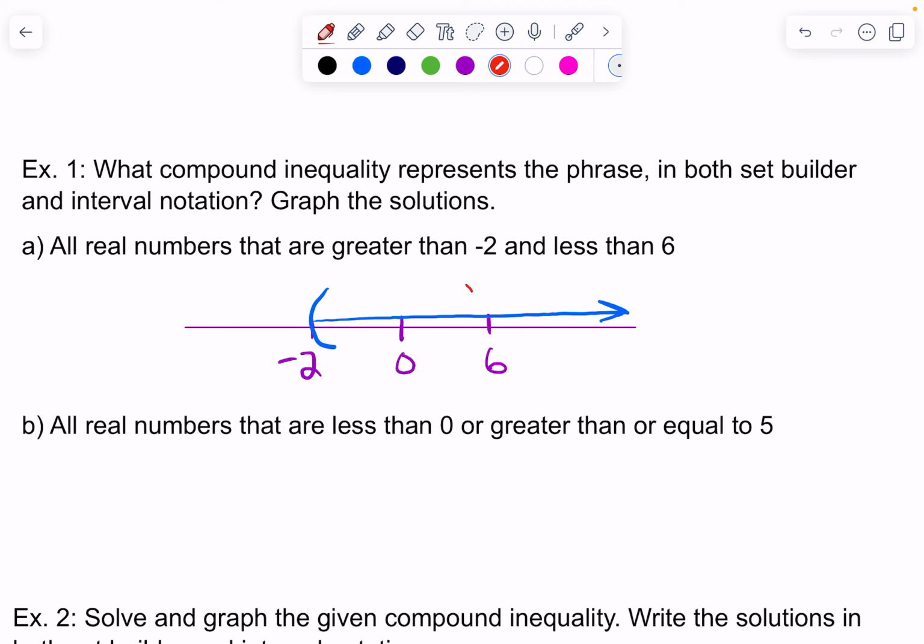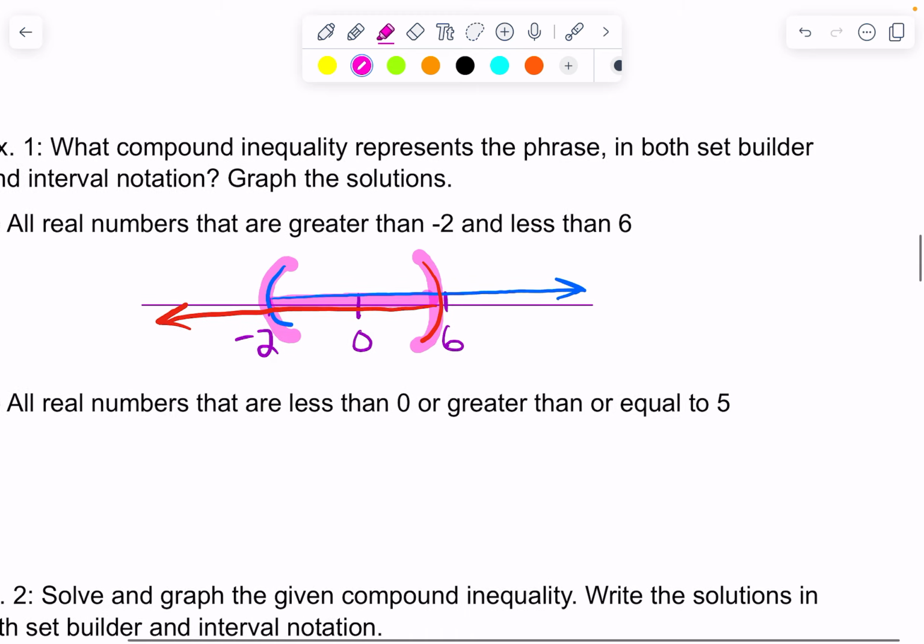So we've got, again, a parenthesis, but we're less than 6. If you notice, where do the blue and red solutions overlap? You got it, right in between. And that is the graph, or the solution rather, of this compound inequality.